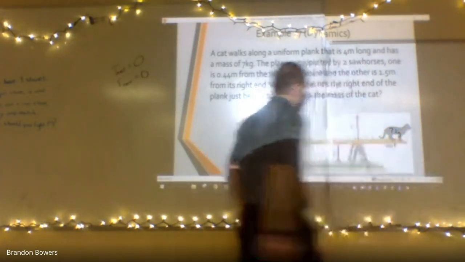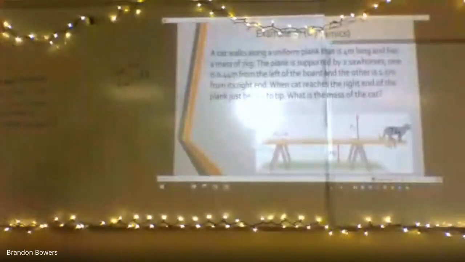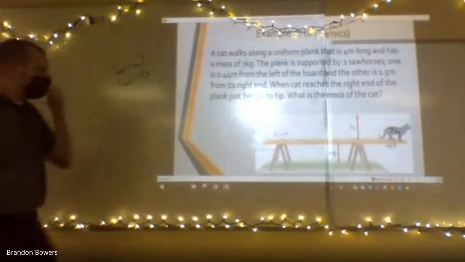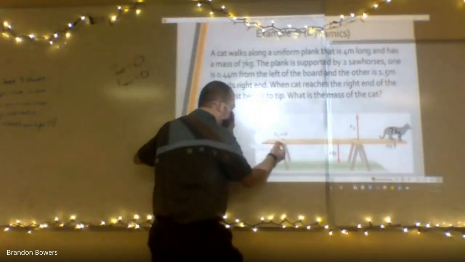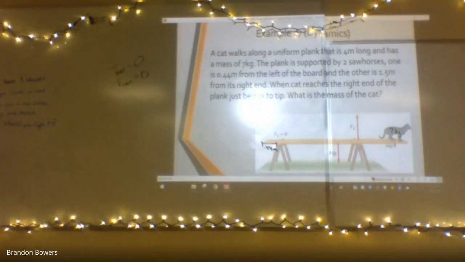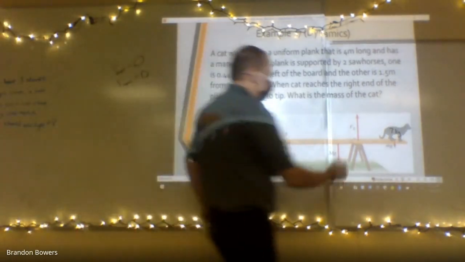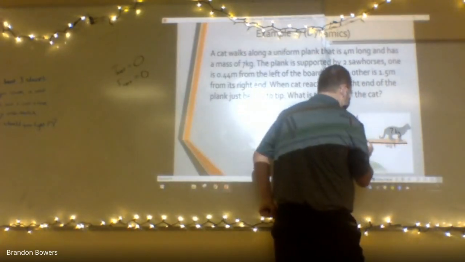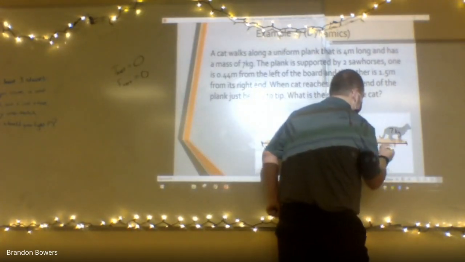The plank is supported by 2 sawhorses. One is 0.44 from the left end of the board, and the other is 1.5 meters from its right end. So this is 1.5 meters.